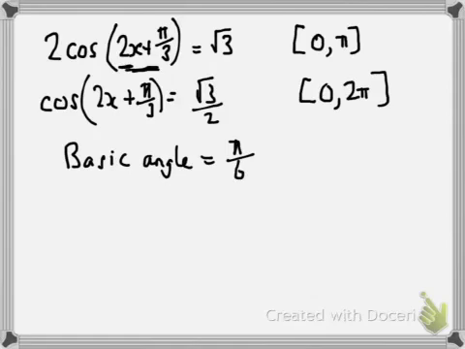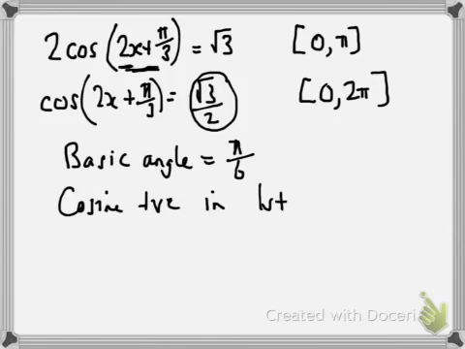Alright, it's a positive root 3 on 2, so cosine is positive. Cosine positive in first and fourth quadrants.